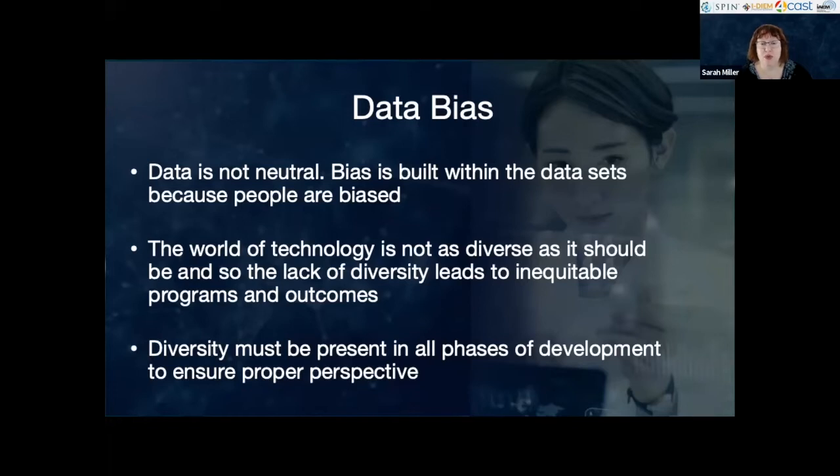When we don't make that effort, we end up with technology that does not account for diversity, and it ultimately leads to inequitable programs and outcomes. That is the key around which we're trying to build this model. We have to account for diversity in every piece of our development of any program to ensure that we are getting the best outcomes for our community.